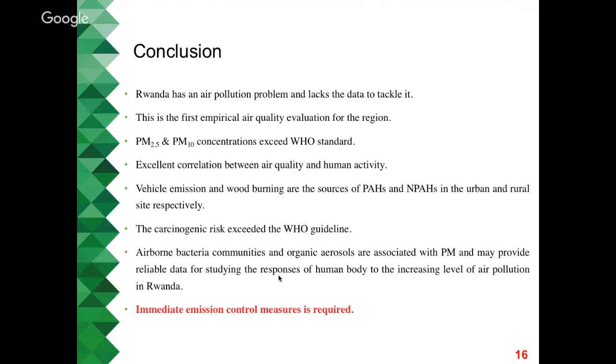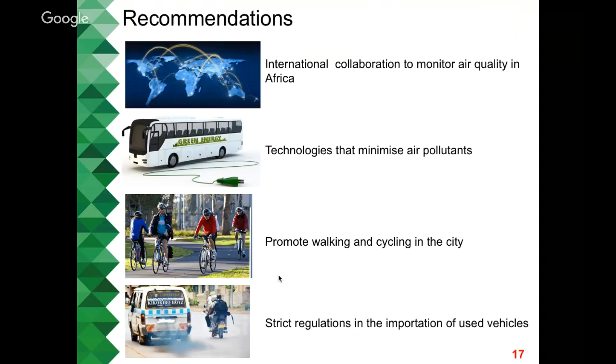As a recommendation, the main thing we found is the need for international collaboration, because getting funding for installing different monitoring is still an issue. This cost me more than 10K to bring all of the high volume samplers to conduct research in Africa. So we need some international collaboration to do monitoring.